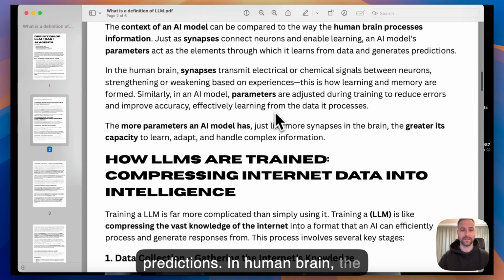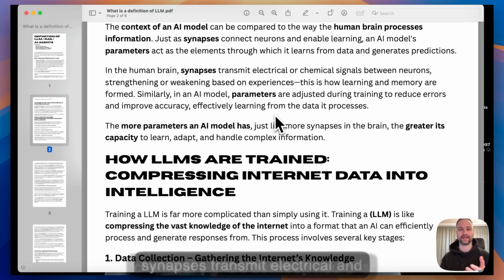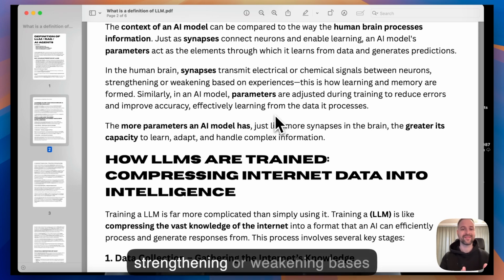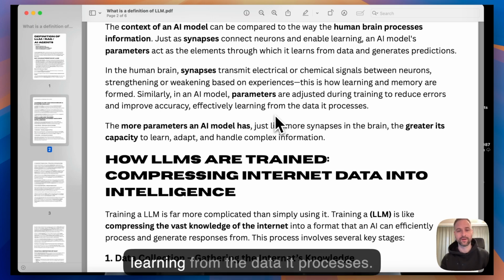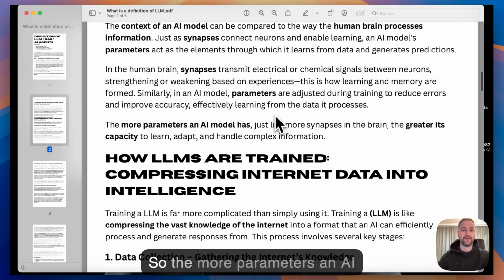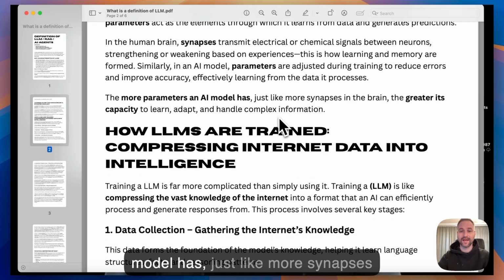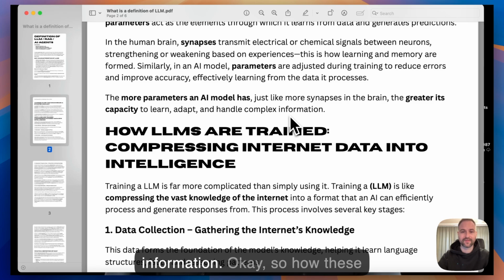In the human brain, the synapses transmit electrical and chemical signals between neurons, strengthening or weakening based on experiences, and this is how learning and memory are formed. Similarly, in an AI model, parameters are adjusted during training to reduce errors and improve accuracy, effectively learning from the data it processes. So the more parameters an AI model has, just like more synapses in a brain, the greater its capacity to learn, adapt, and handle complex information.